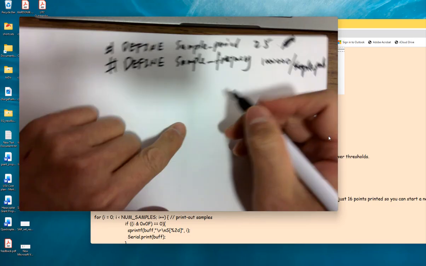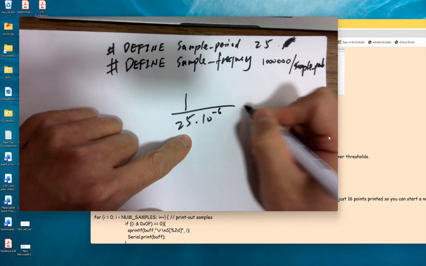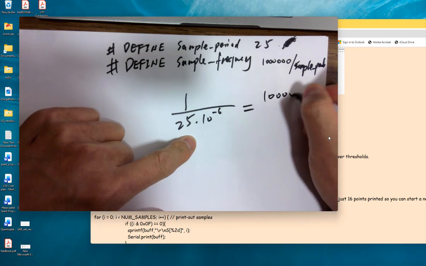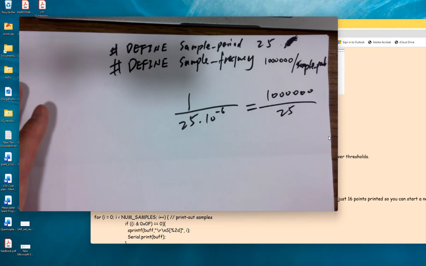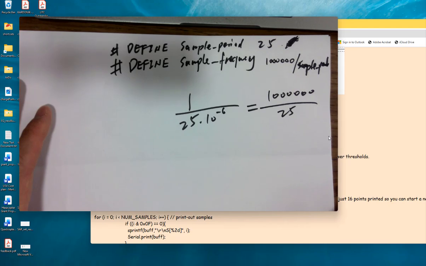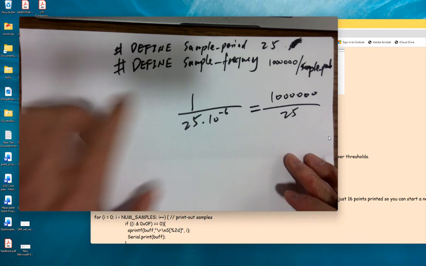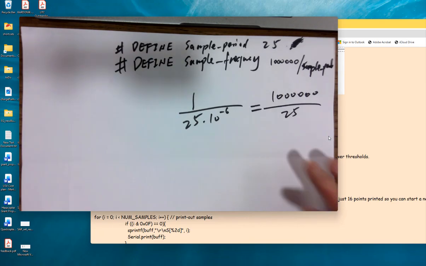Why? Because 1 over 25 times 10 to the negative 6, you flip this to the top, is going to be 1 million divided by 25. Just very simple algebra. So that's how you can declare your period and sample frequency. You can use it for the code.